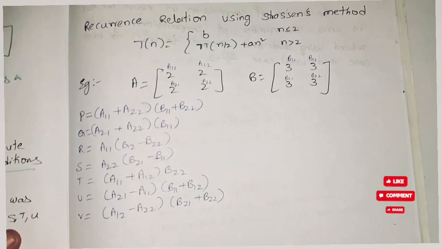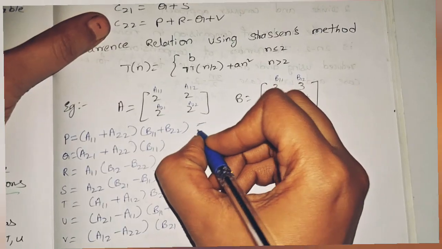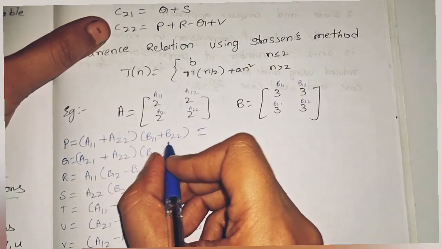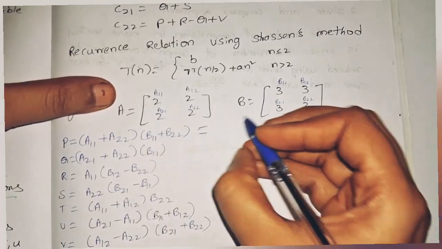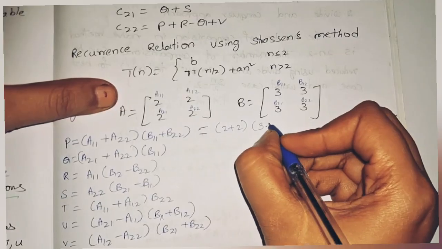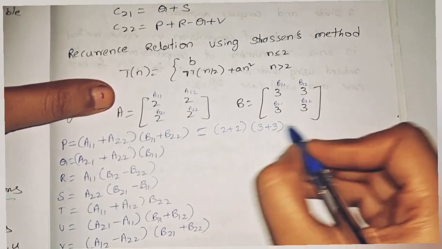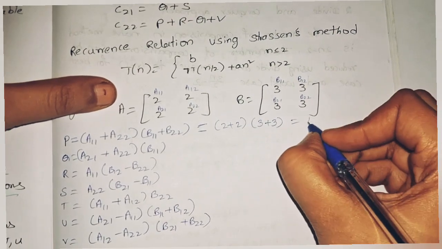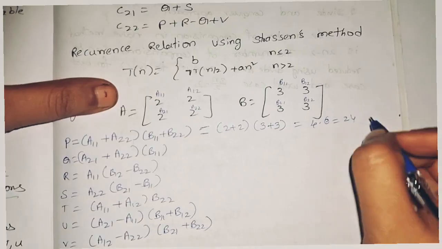P equals A11 plus A22 into B11 plus B22. So what is the A11 value here? 2. So 2 plus 2 into 3 plus 3, right? The B11 and B22 values. So it is 4 into 6 equals 24.